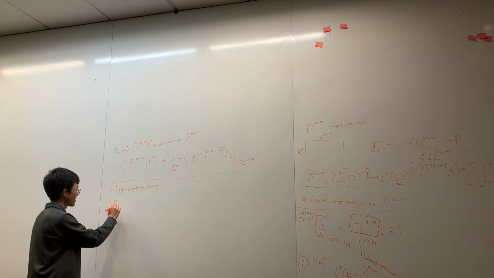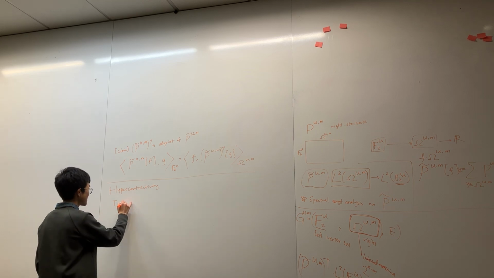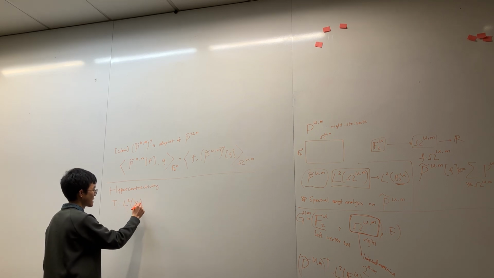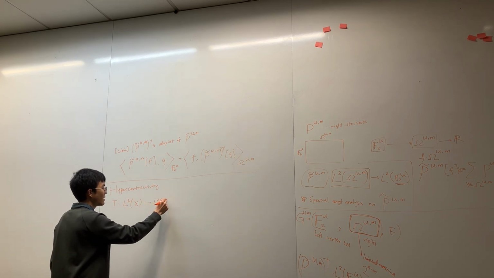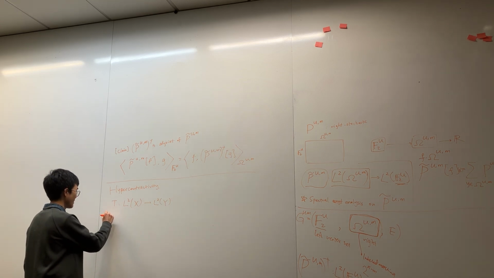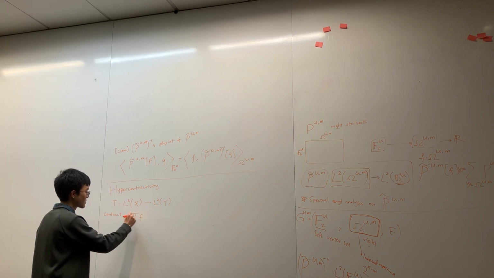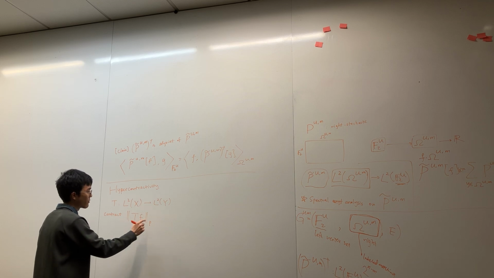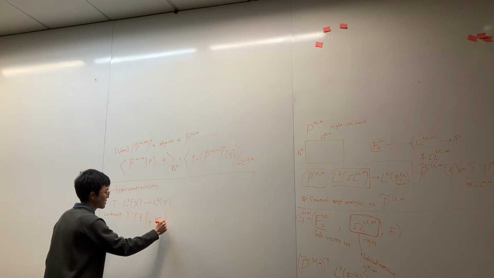Given an operator on a vector space, for example, from the space of all functions on a space X to a space Y, contractivity means it contracts a norm: the P norm of T of f is at most the P norm of f.